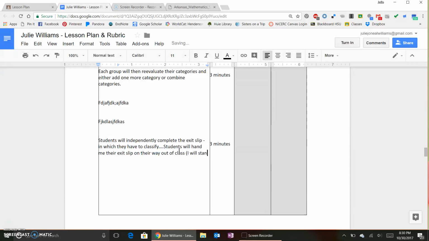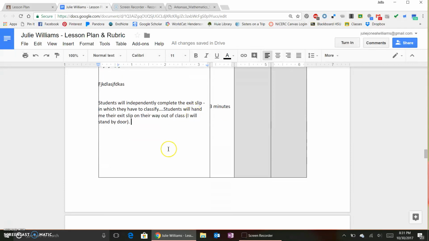I will stand by the door. That may seem ridiculous that needs to be in your lesson plan, but remember, I'm evaluating you. They don't have to turn it in, hand it to you, but that just lets me know one other thing. Oh, okay, you're thinking about how they're going to turn this in. You're thinking about the transitions, how they're going to get out of the classroom. That's going to save them time and get them in and out of the classroom. Hopefully that is helpful.